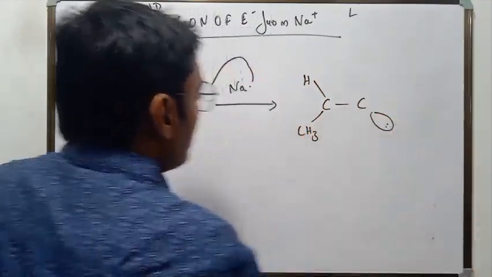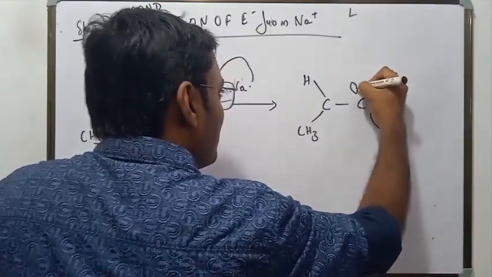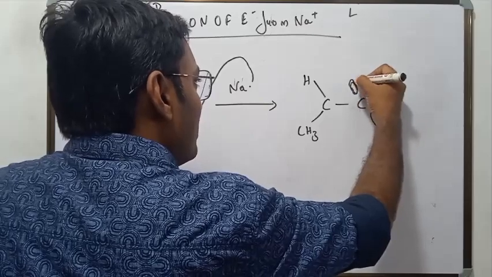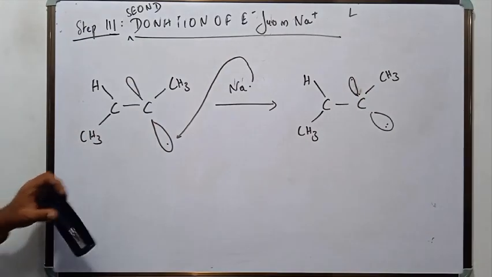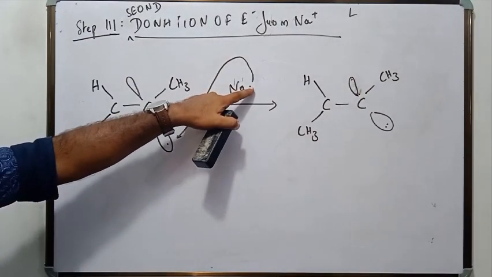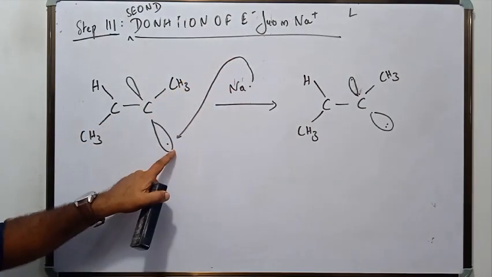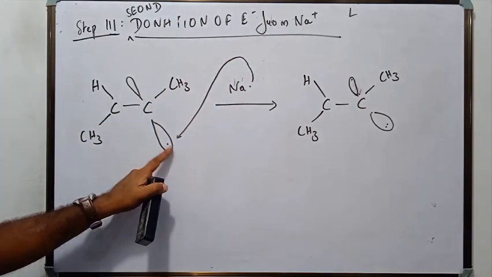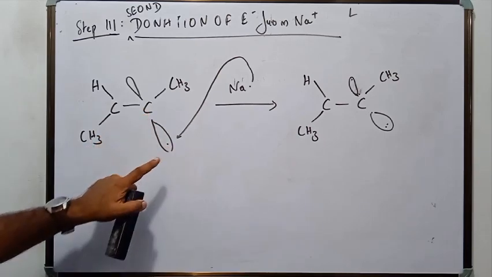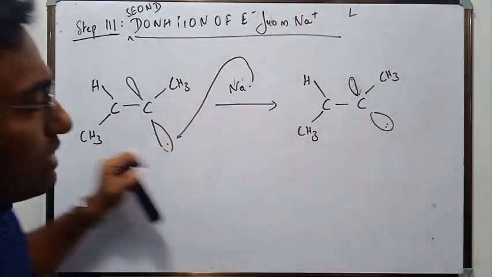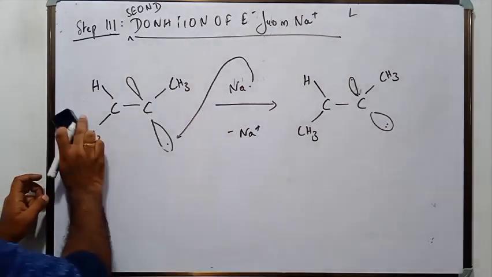Am I right? Yes, there is a small lobe here. So again, to become stable, another sodium can pump its electron to the p orbital of the carbon atom that has the unshared pair of electrons. When it pumps the electron, Na plus comes out. Correct?